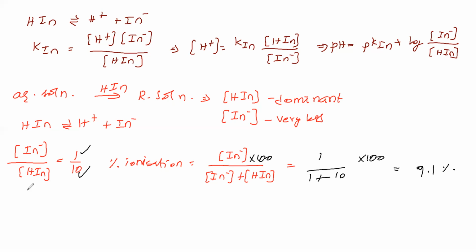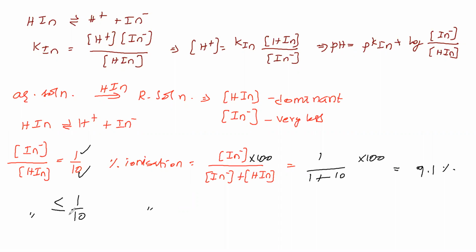Okay. Suppose this ratio is less than or equal to 1 by 10. If this ratio is less than or equal to 1 by 10, then how the percentage ionization will be, that we will see.